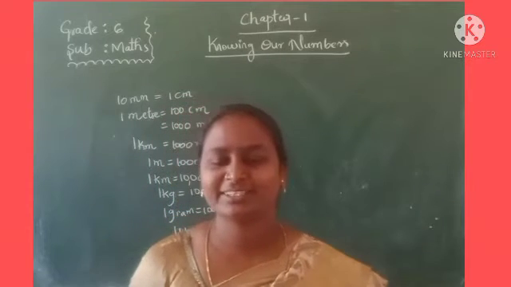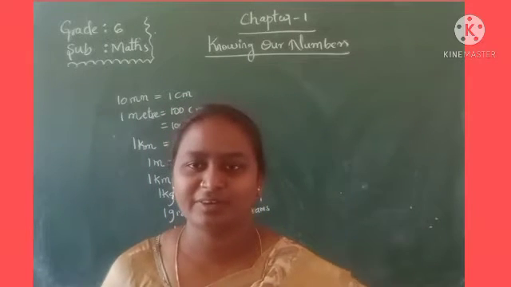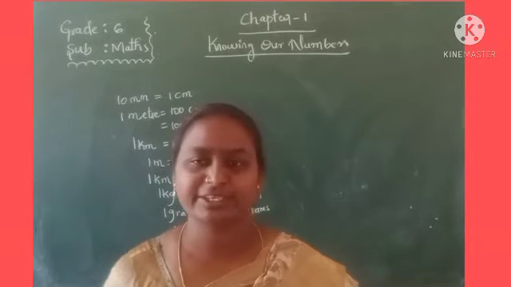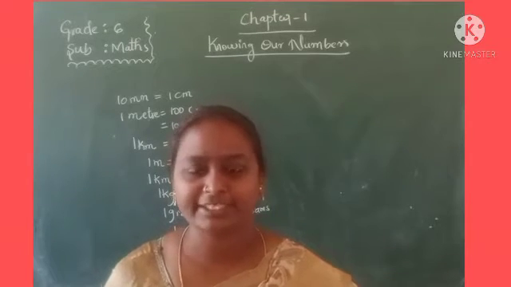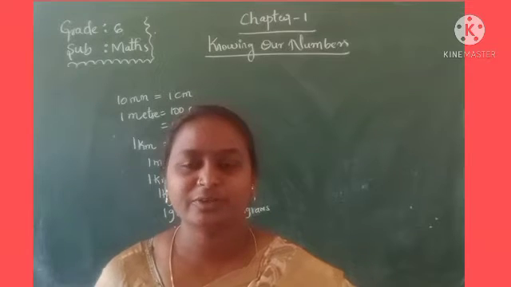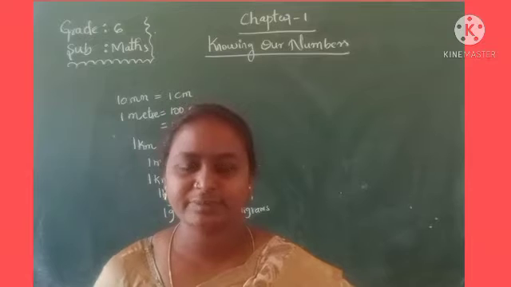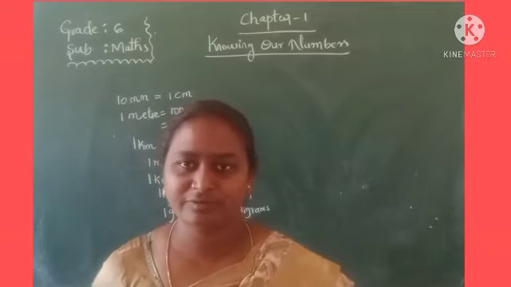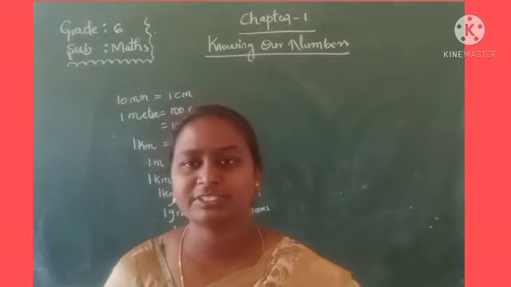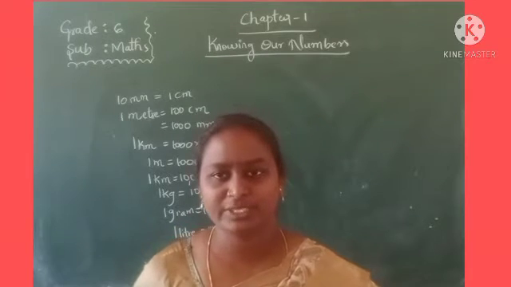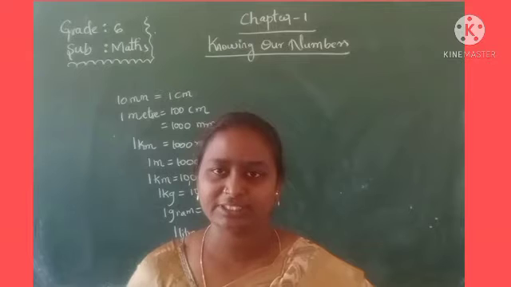Okay, in the previous class we learned how to write large numbers in expanded form, how to read them, and how to write the number name in the international system and Indian system of numeration, and what the use of commas is. Commas help us read and write large numbers easily.